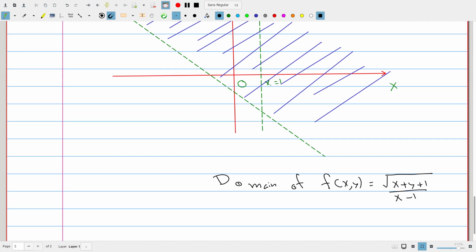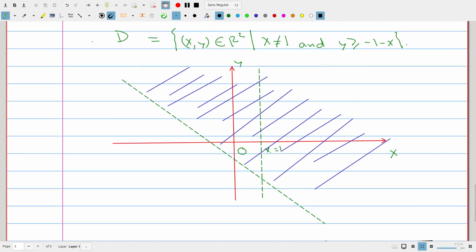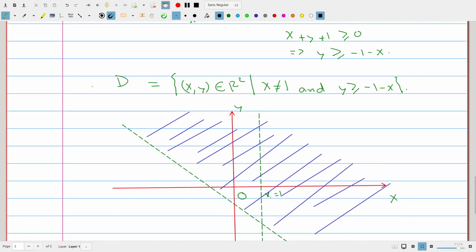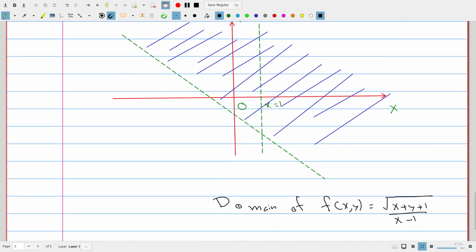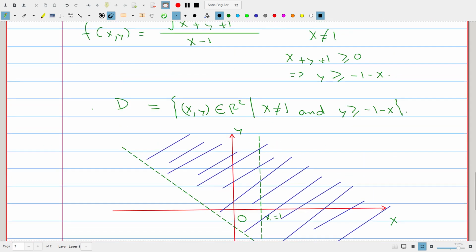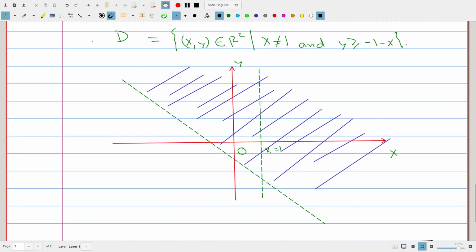There are other functions too; you could find the domain of any function of two variables. If you know the domain of a function of two variables, you can sketch it on a flat piece of paper. That's it.